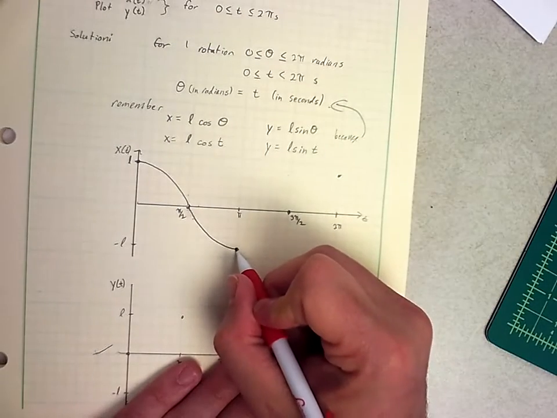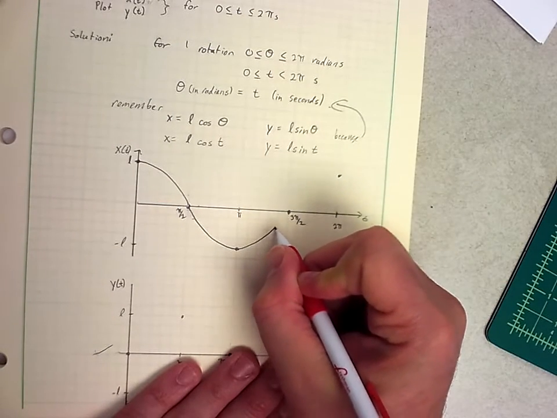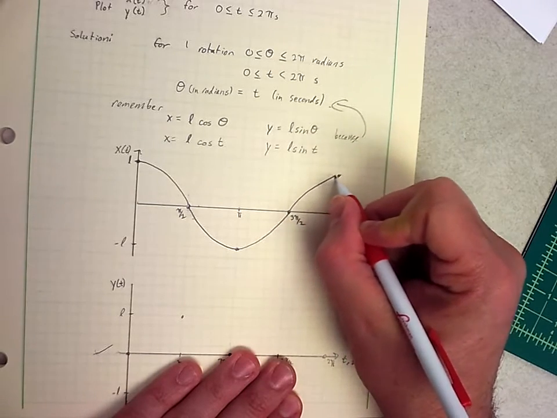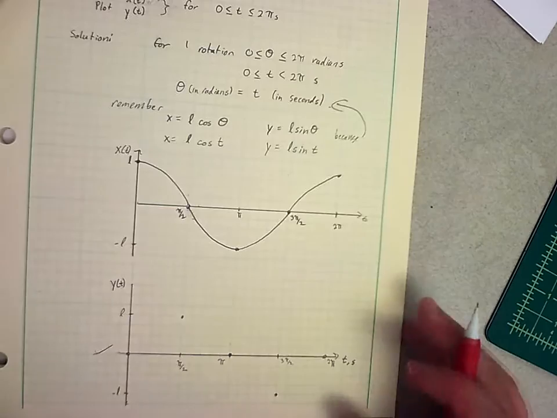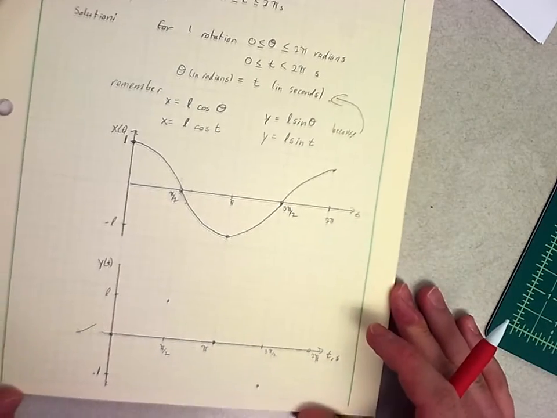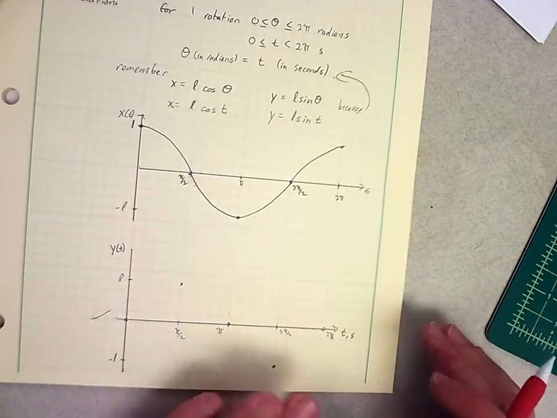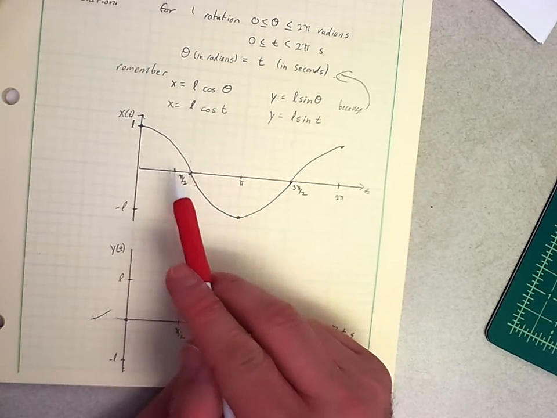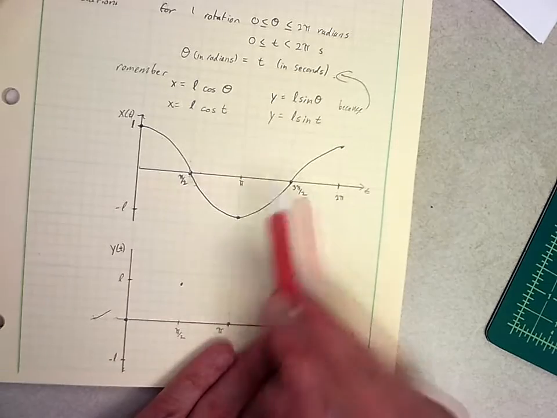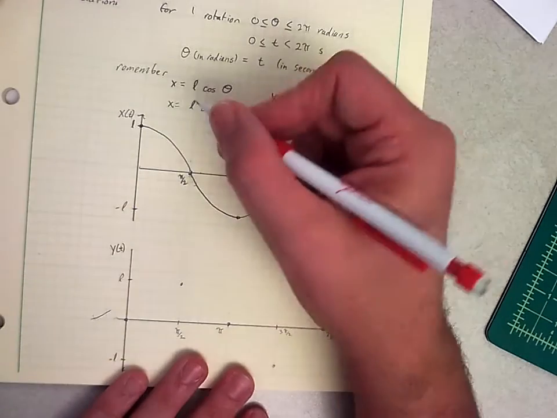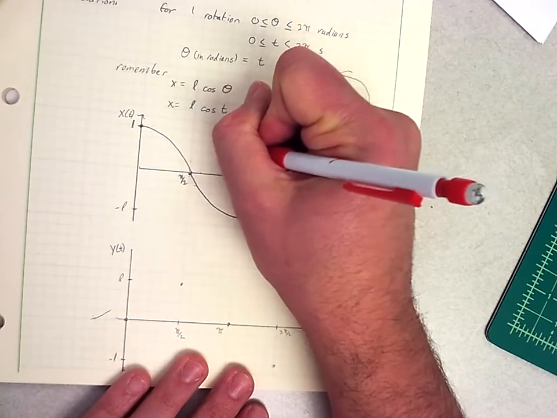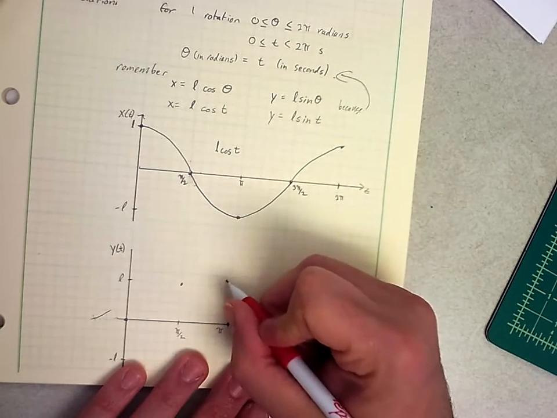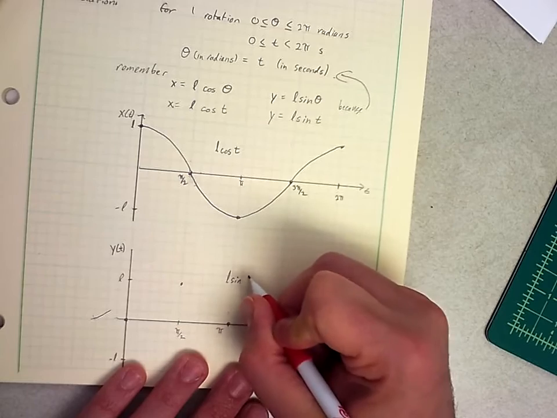It curves back to 0, and on to there. Again, if we had used a graphing utility or your calculator, we could just plot L times cosine theta for the x and L times sine theta for the y. So remember, this is L cos of t, and this is L sine of t.